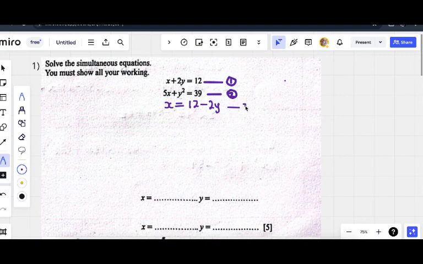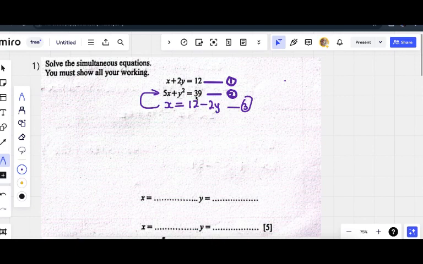Why do we create equation 3? We create it so that we will be able to replace anywhere we see x in equation 2. So we're going to substitute equation 3 into equation 2. Anywhere we see x in equation 2, we're going to replace it with 12 minus 2y, so that we only have y.